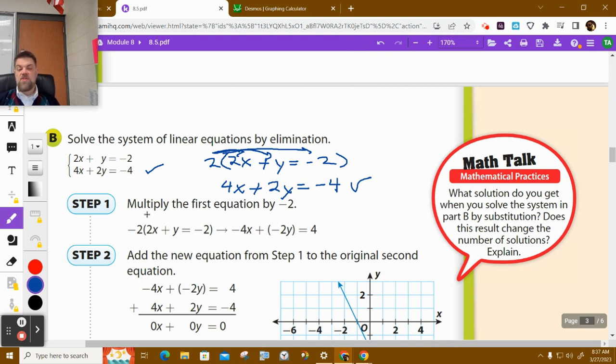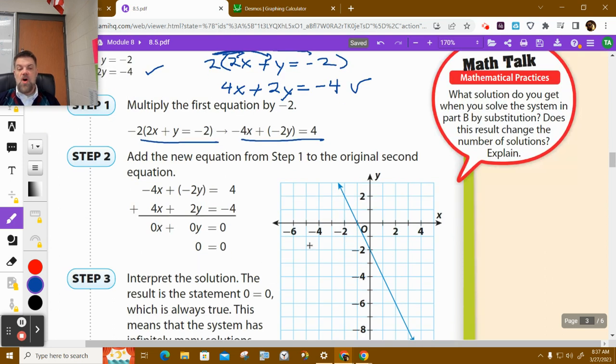But anyways, they want us to do elimination. So it says take the first one, multiply it by 2. This is what I just did, and you'll see that they're the same line. When I multiply it by 2 and then add them up, I get 0 plus 0 equals 0, or 0 equals 0. Now, the infinitely many solutions will be true. It won't be x equals 4 and y equals 2 or anything like that.